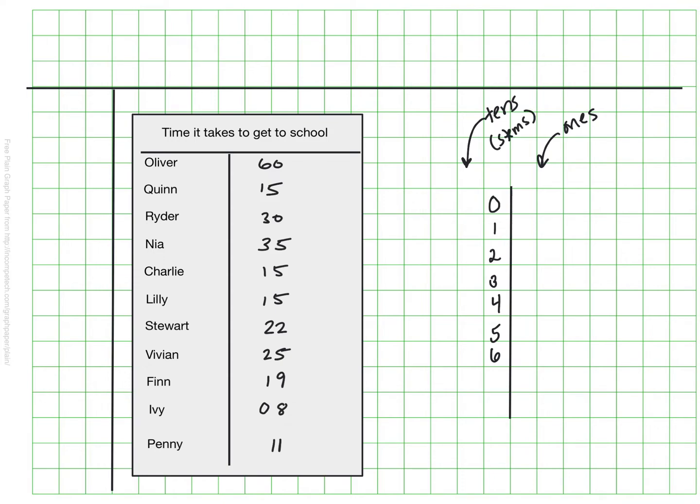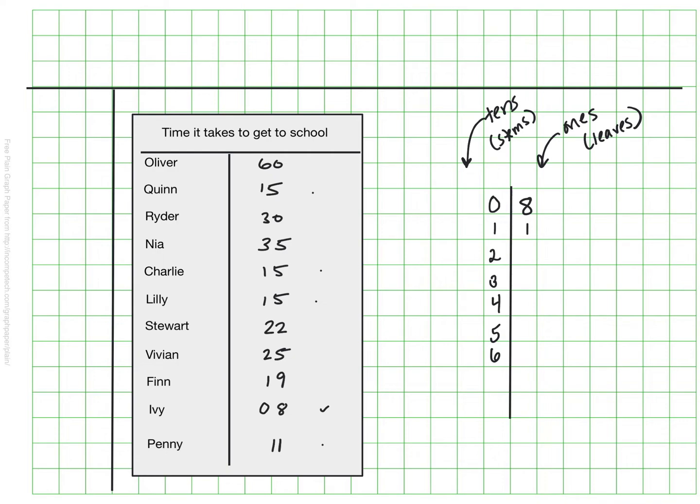And now I'm going to put my leaves in on the other side, being mindful of the order. So I'm going to scan my list, and I see that Ivy has 0 tens and she has 8 ones, and that's the only person there. So I'm going to put an 8 right here. I have more students who are in the 10s. So I have Penny, Lily, Charlie, and Quinn. And Penny's is the shortest amount of time. So her ones place is another 1.